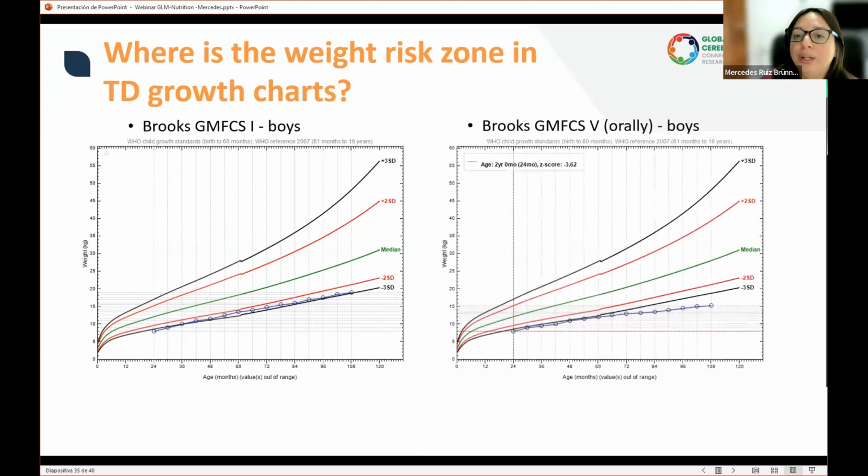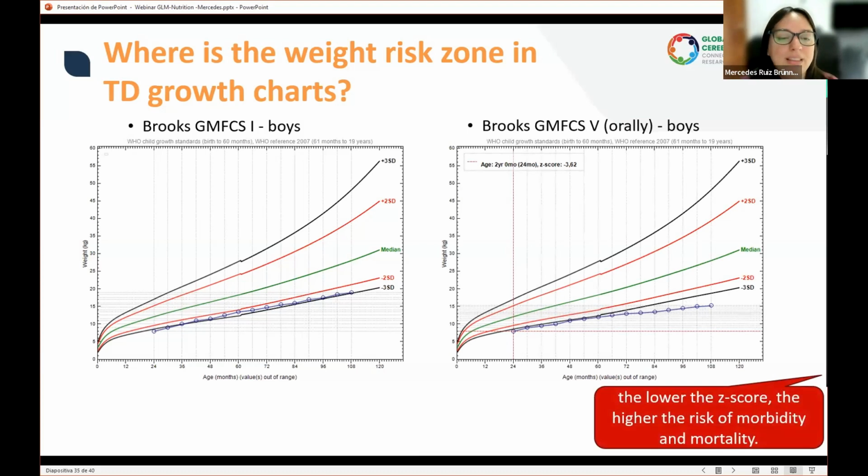And in children that are orally fed in GMFCS level 5, that is the lowest of the risk zones, we can see that it is also under -3 z-scores. So we can sometimes use these typical development growth charts and know that the lower the z-score, the higher the risk of morbid mortality. So we know that if a child has a -4 z-score, probably the risk of morbid mortality is higher than if they were at -2.